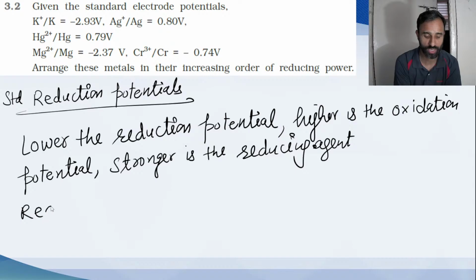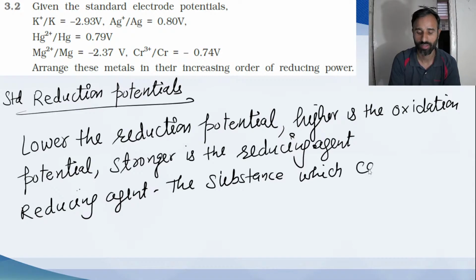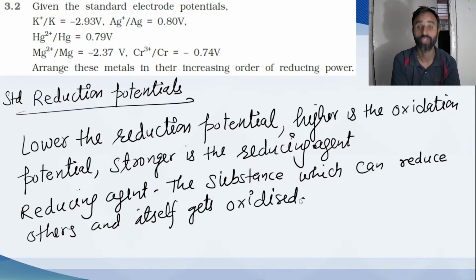What is a reducing agent? If we define it, a reducing agent is the substance which can reduce others and itself gets oxidized.